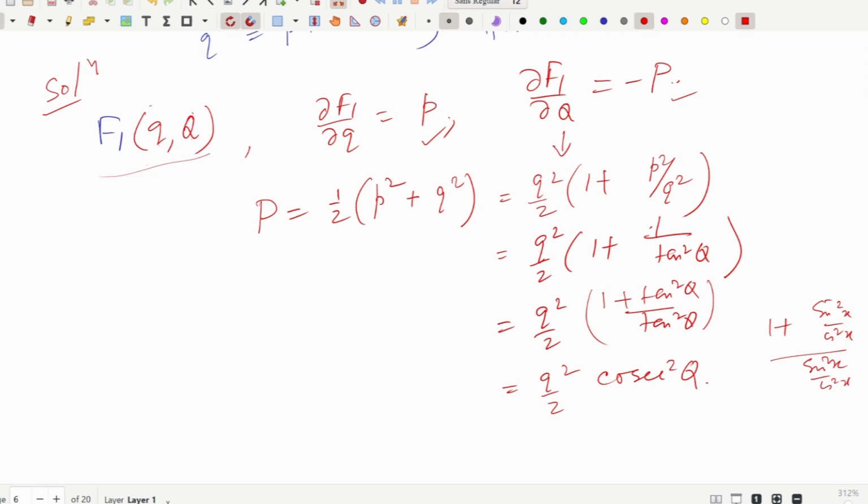So, cos square x gets cancelled, then 1 over sin square x.